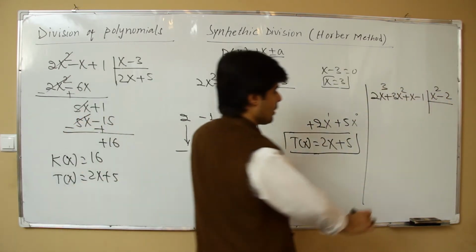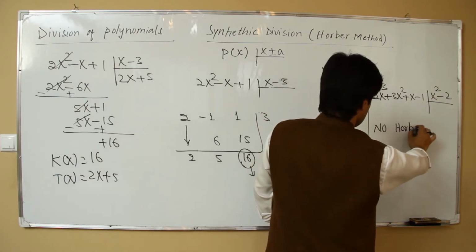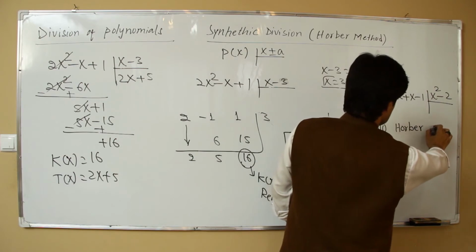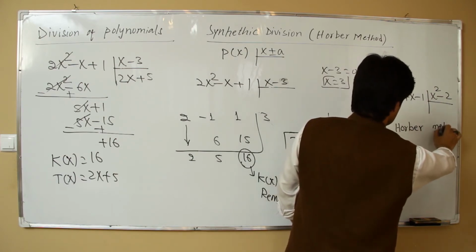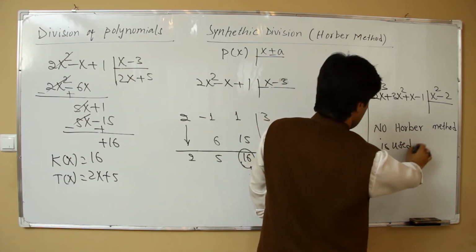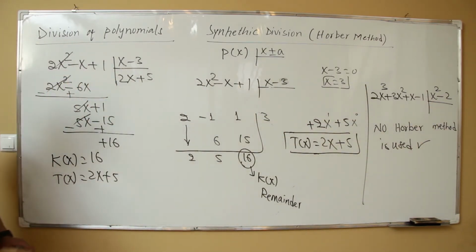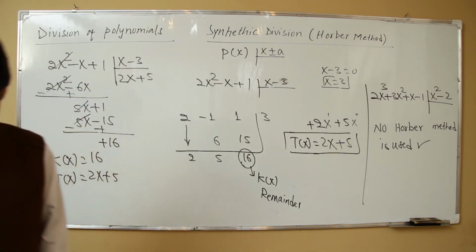No. In here, no Horner or synthetic method is used. Then how can you find the remainder and also the quotient? Try to use this form. I think you have got it. Write it please.